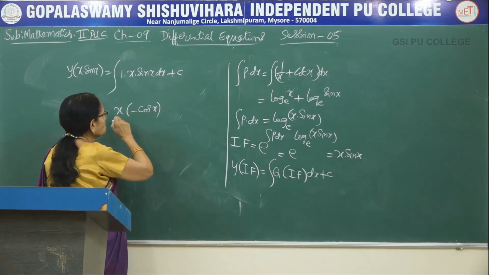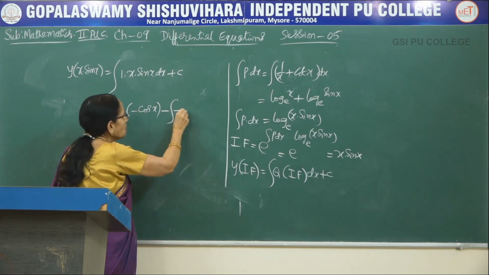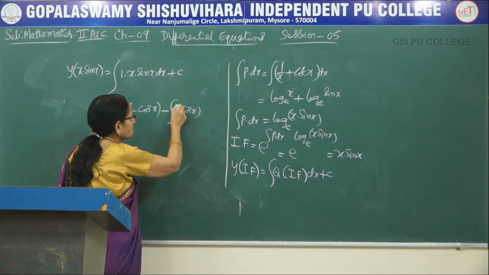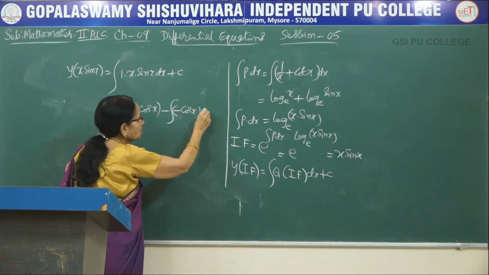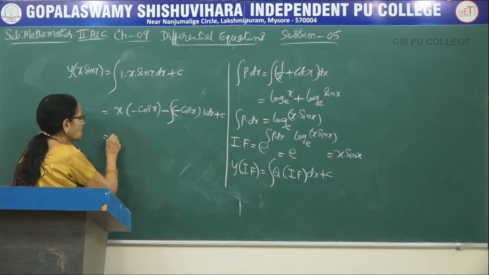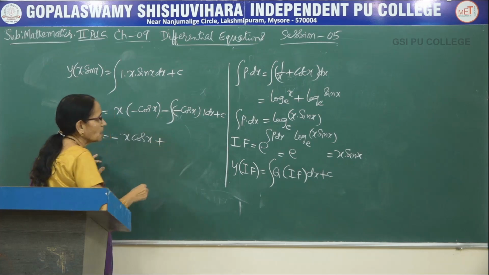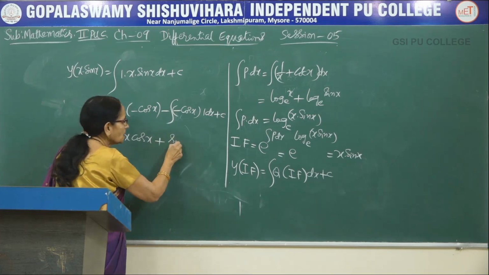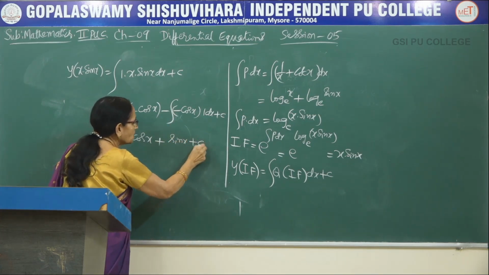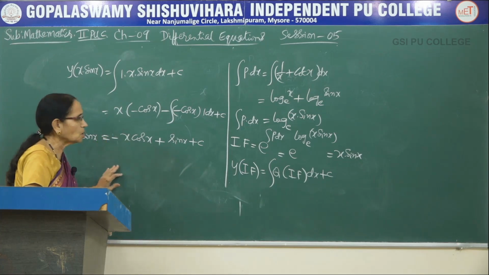Then that is first function into integral of the second, minus of integral minus cos x into derivative of x is 1 into dx plus the constant. Hence it is minus x cos x minus of minus, plus the integral of cos x is plus sin x plus the constant. And what did you have on the left hand side? It is y into x into sin x.